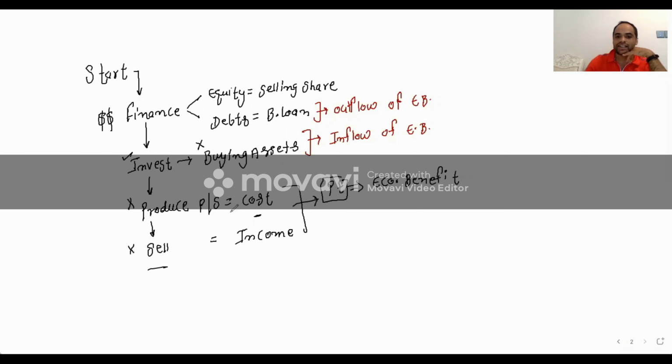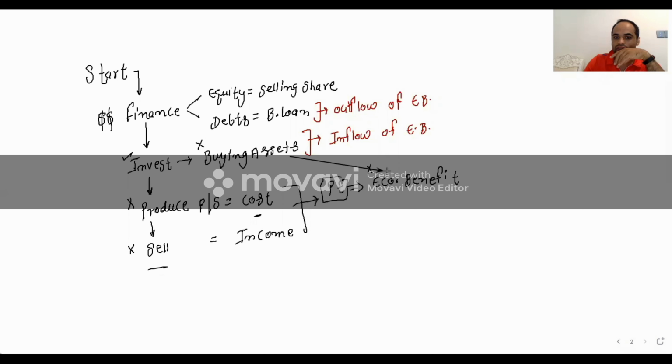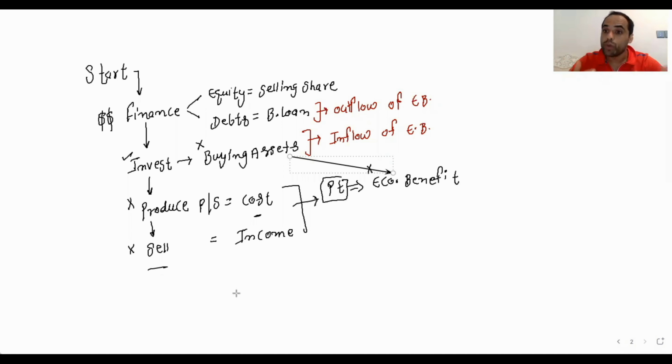No. If you can't sell, can you have economic benefit? Can you have profit? No. So because of assets, can we say assets lead to inflow of economic benefits? Assets help us to increase the inflow of economic benefits. Because of assets, we generate profit. All right, that's the meaning of this.